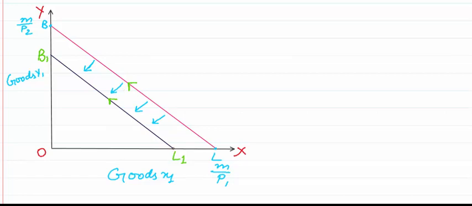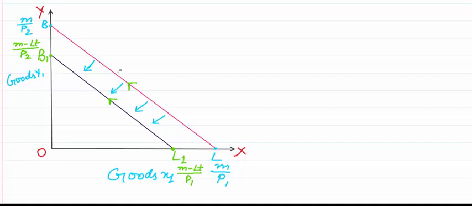The intercept on B1 L1 changes, and at point L1 the intercept is given by the income M minus LT, lump sum tax, divided by P1. Whereas on the y-axis it will be given by M minus LT, reducing the lump sum tax from the income of the consumer, by price of second commodity P2.